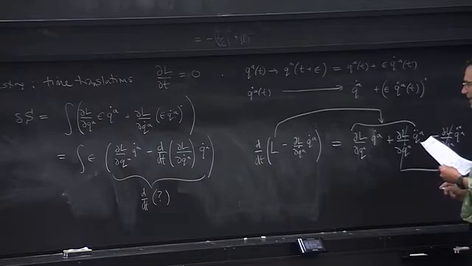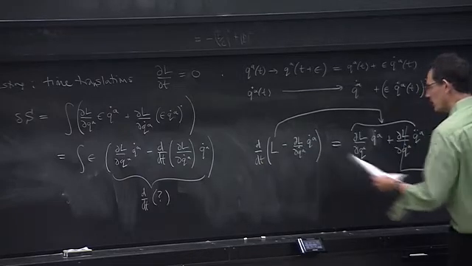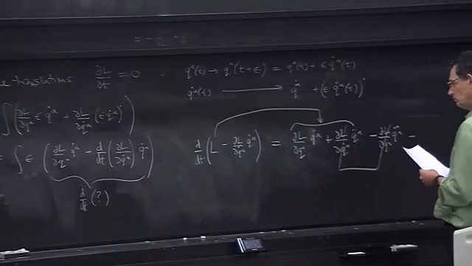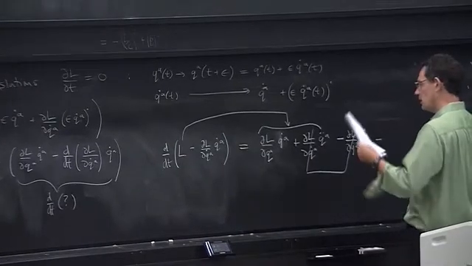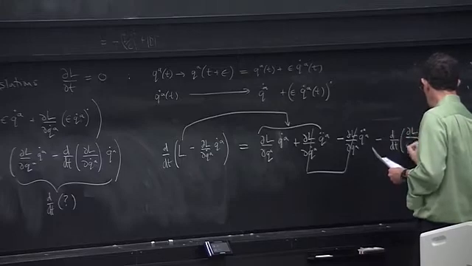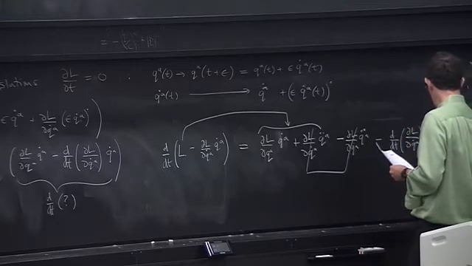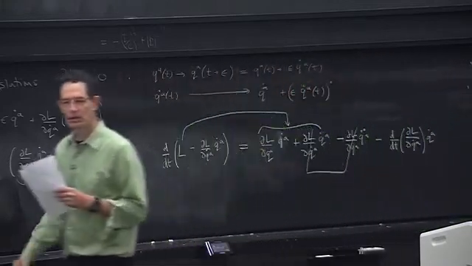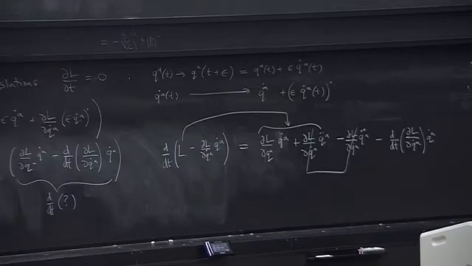And now I've got to differentiate this guy, so I get minus d/dt of dL/dq_a dot times q_a dot. And what do you know? That's exactly what we had. So Noether was correct.